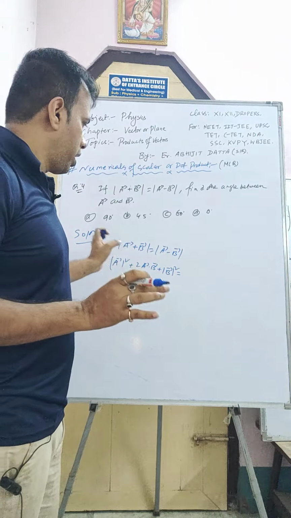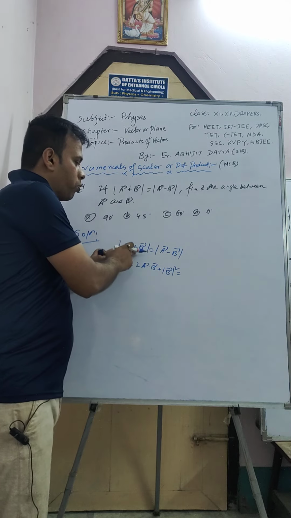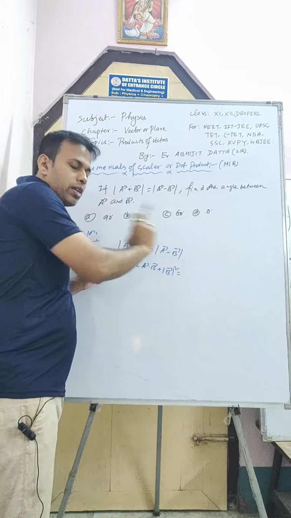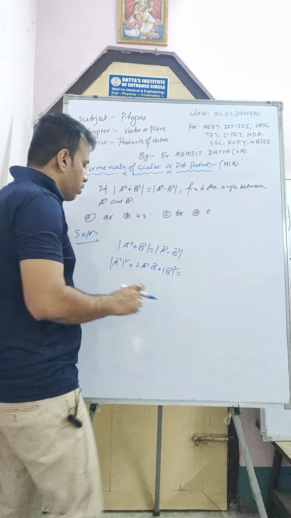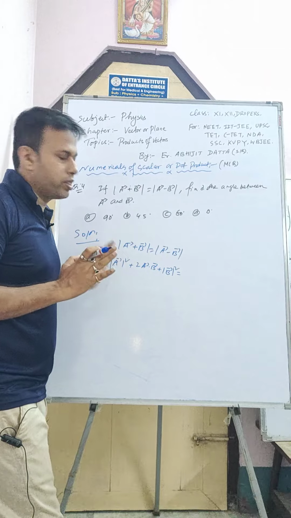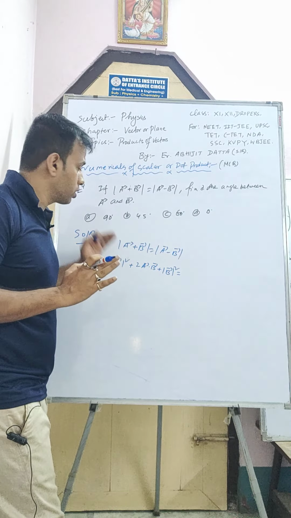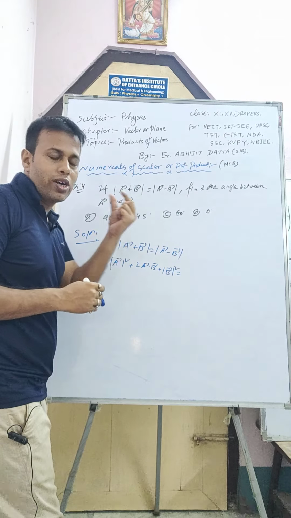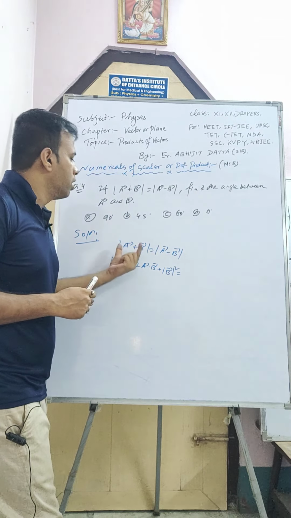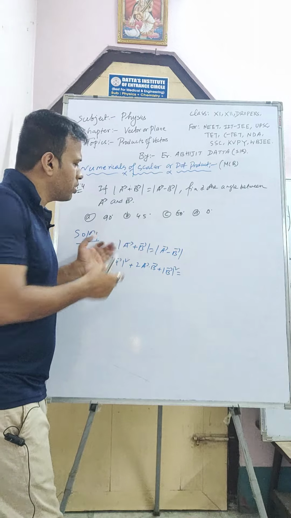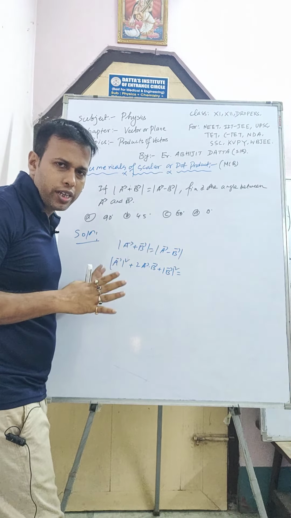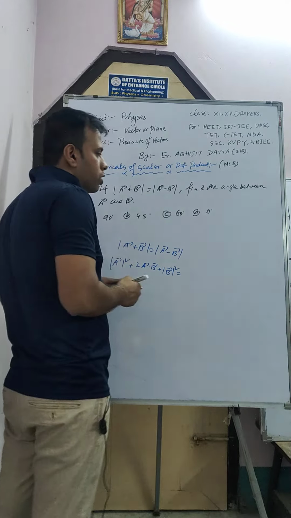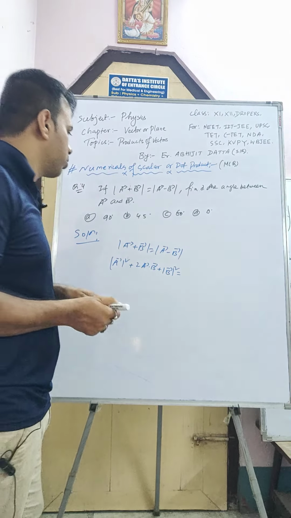Actually I am doing the dot product of this with itself, and here also the dot product of this with itself. But if you can't remember this method, then take one simple method: just square both sides. This one will be a plus b whole square and this will be a minus b whole square. In that way also you can remember this one.